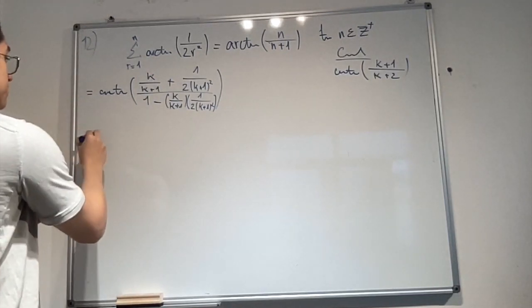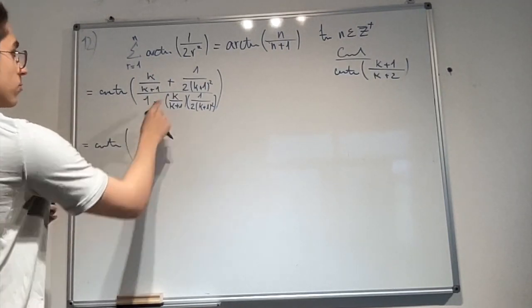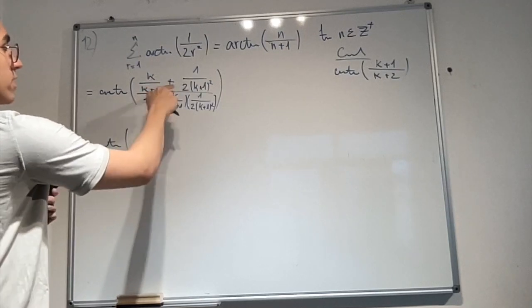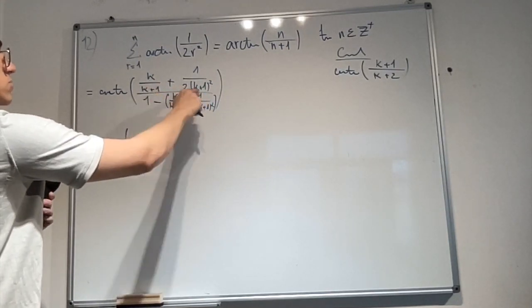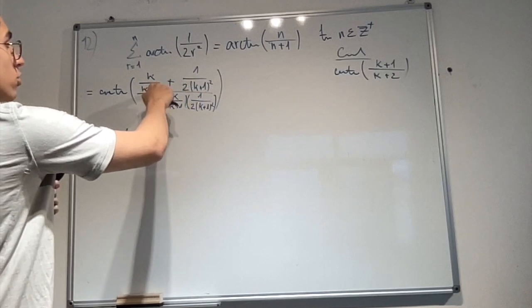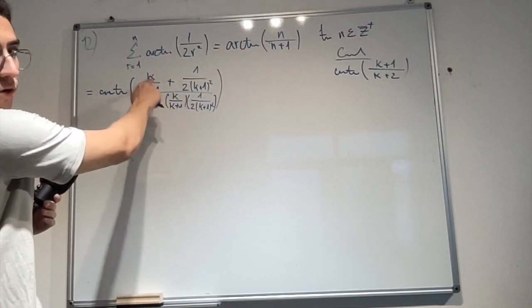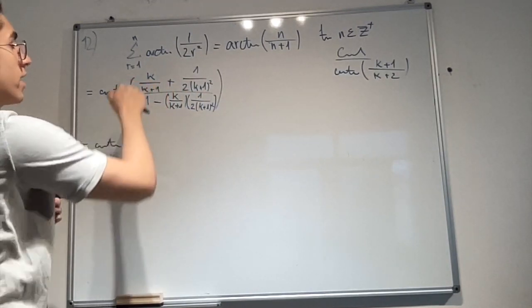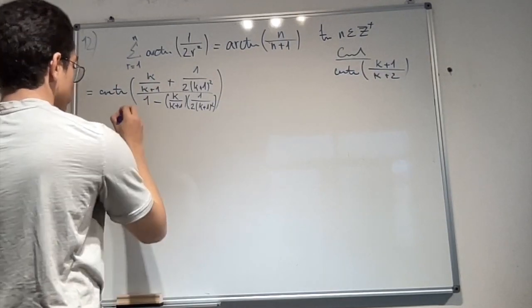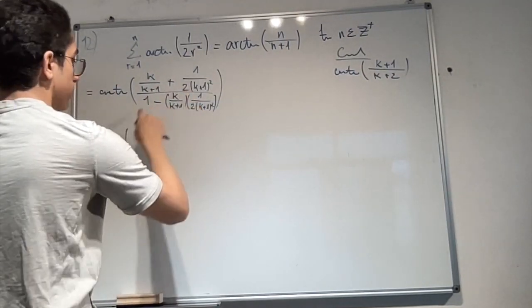All right, so in the arctan, I'm going to find a common denominator, and you can see they both have k plus 1, but this is k plus 1 squared. I'm going to multiply the numerator and denominator of k over k plus 1 by k plus 1. So it's going to be k, and also don't forget the 2.